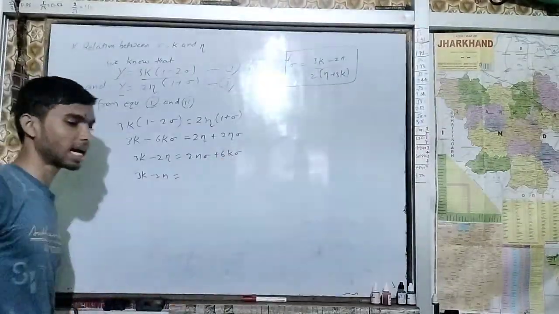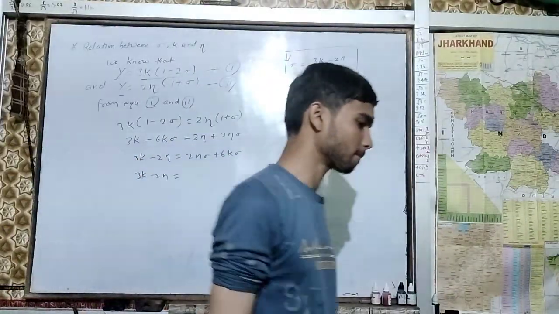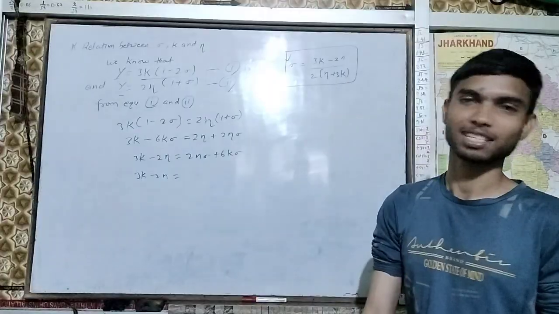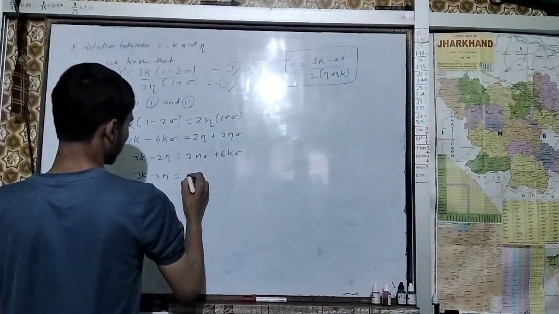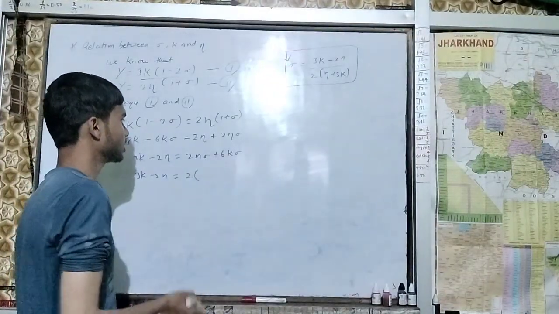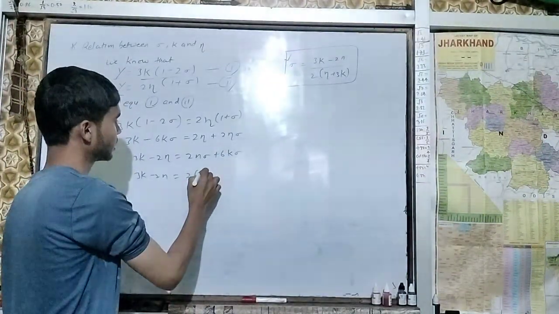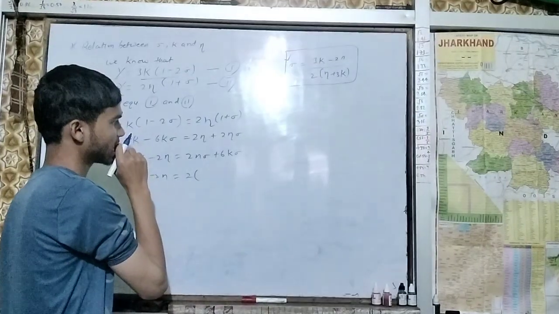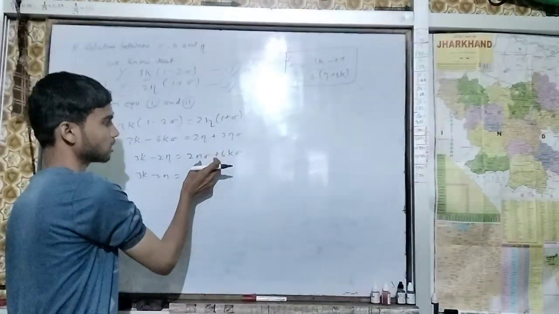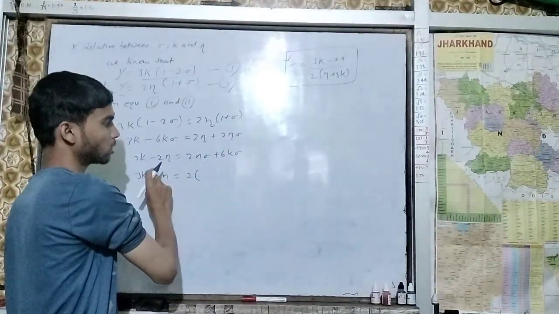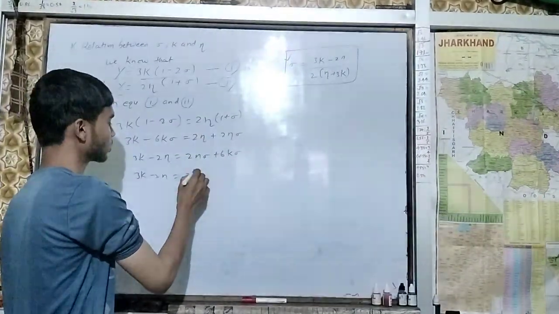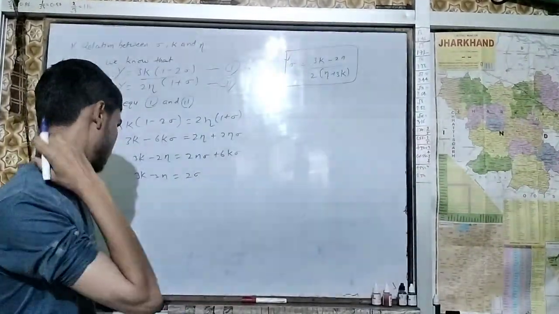So on this side, if this is LHS, then this should be RHS. Over here 2 will come out as a common factor: 2 ones are 2 and 2 threes are 6. Carefully see, in these two terms 2 will come out, and this Poisson's ratio is common, so Poisson's ratio should come as well.